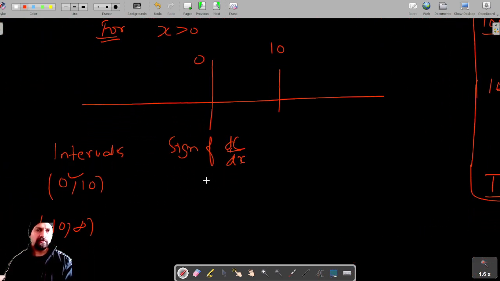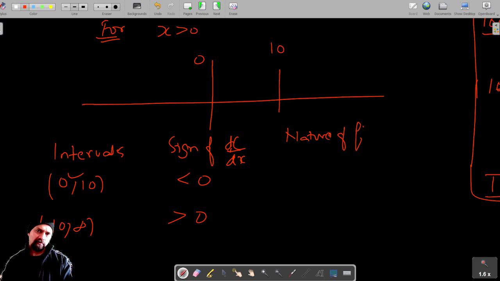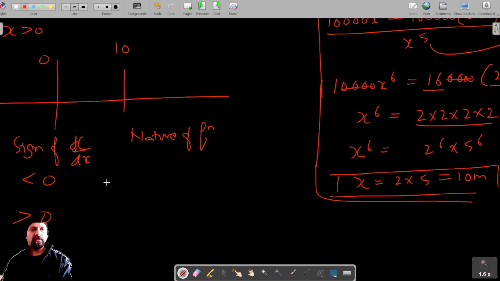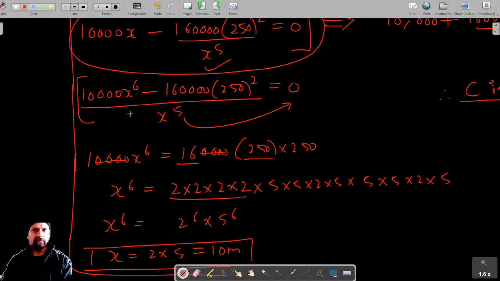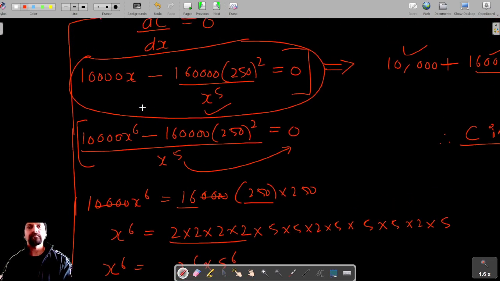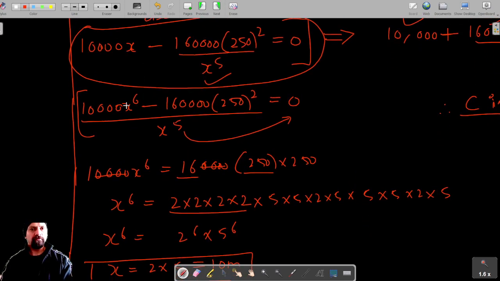So for 0 to 10, this will be less than 0, and for 10 to infinity, this will be greater than 0. So for the nature of the function when it's 0 to 10, we can put in any value here. For 0 to 10, let's say the value is 5.